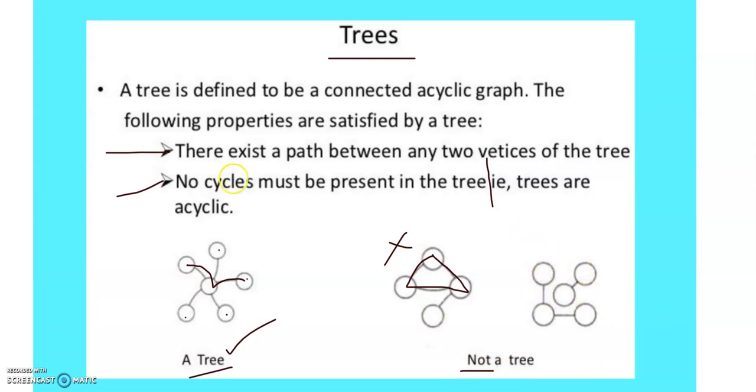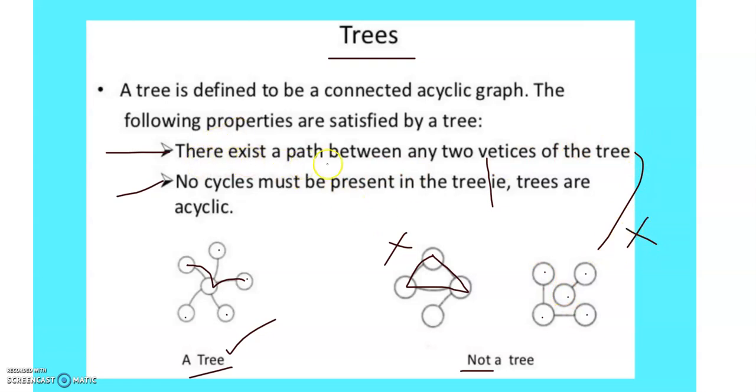Now see this graph. You see this vertex 1, 2, 3, 4, 5. You can reach from this vertex to this vertex by this path, but you cannot reach from this vertex to this vertex or this vertex to this vertex. So the first point is false here.